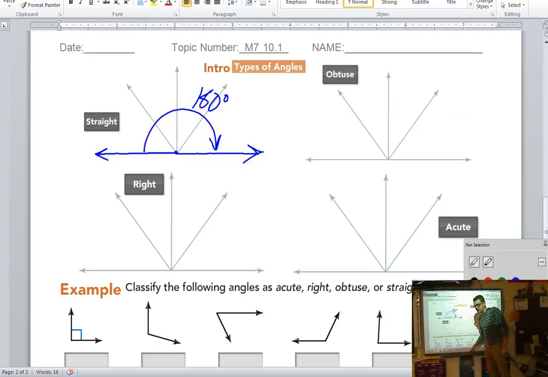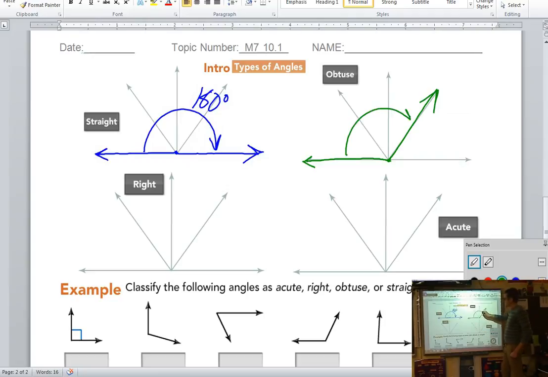Now, an obtuse angle, like we just talked about, is any angle that is larger than a right angle. So if my first ray is here, if I went here, that would not be larger than a right angle, so that won't work. If I went here, that would be a right angle, so that won't work, because to be obtuse, it has to be bigger. So, if I go right here, that will be my obtuse angle.